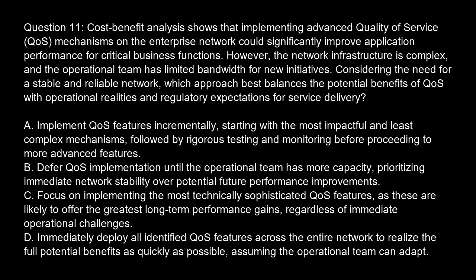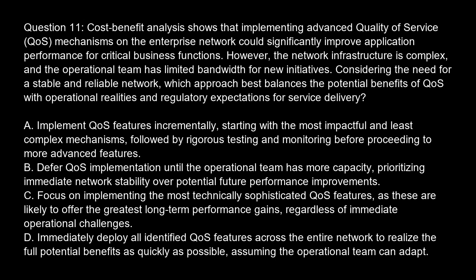Option A. Implement CoS features incrementally, starting with the most impactful and least complex mechanisms, followed by rigorous testing and monitoring before proceeding to more advanced features. Option B. Defer CoS implementation until the operational team has more capacity, prioritizing immediate network stability over potential future performance improvements.